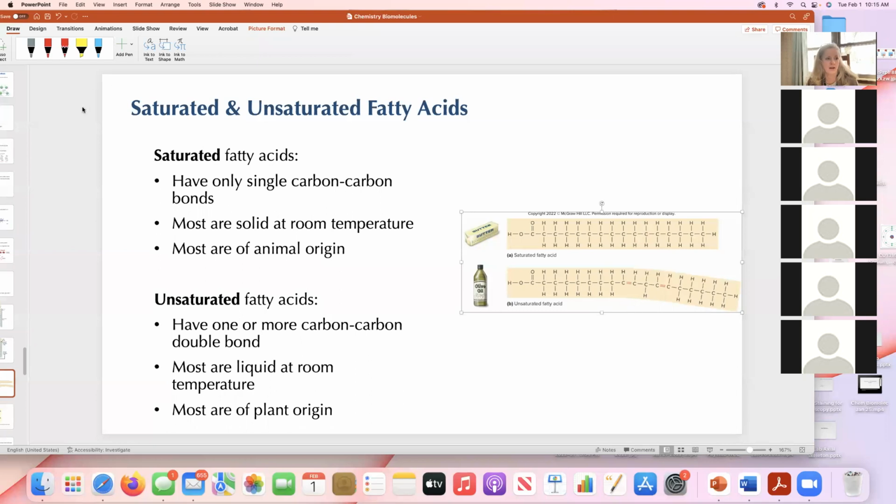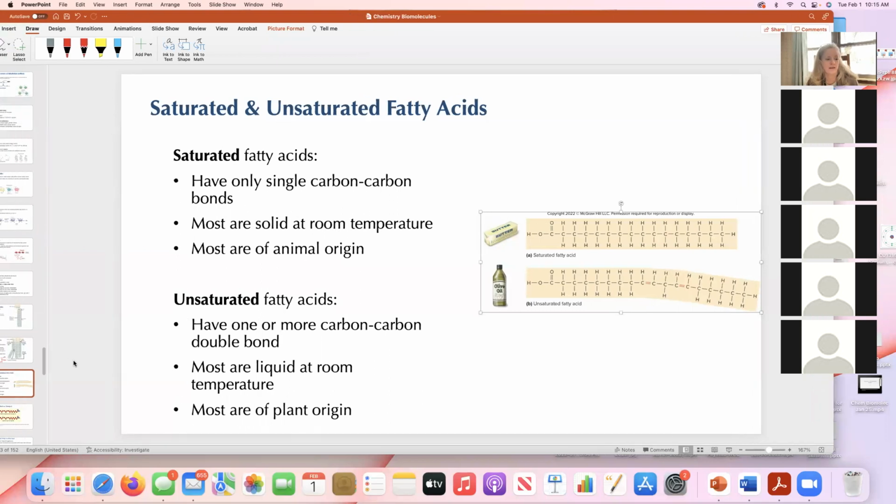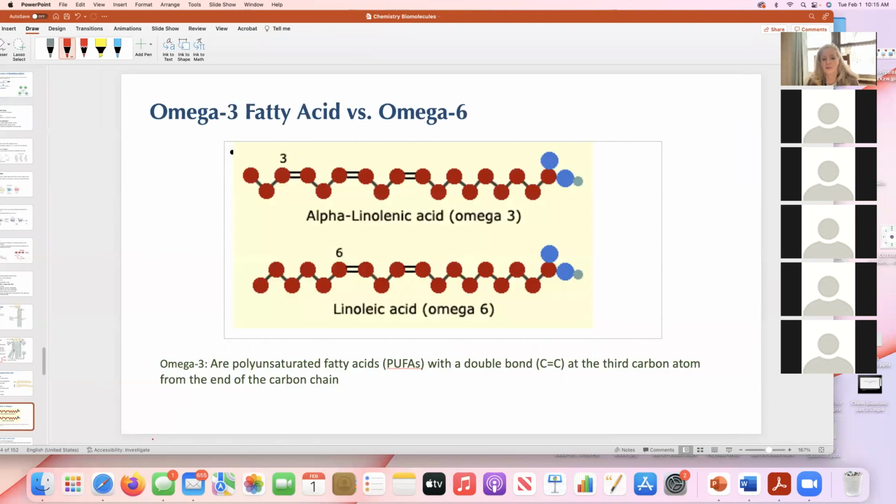We'll look at that on the next slide. All right, here from the end, if I count my carbons and I say 1 carbon, 2 carbon, 3 carbon, double bond happening at the 3rd carbon, this is an omega-3 fatty acid right in here, okay? 1, 2, 3, 4, 5, 6 from the end, that's an omega-6 fatty acid.